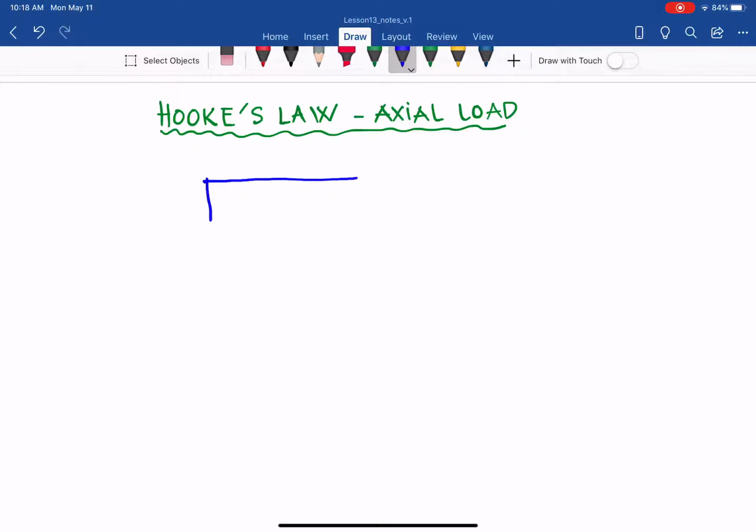If we have an axial load applied to a member, for example in tension, then the member will be deformed, the length changing.